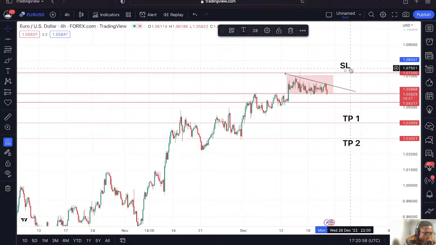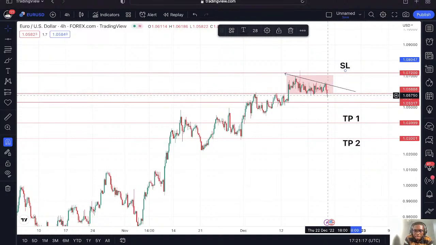A trader that is not using a stop loss is setting himself or herself up for a big loss. So here we are shorting.